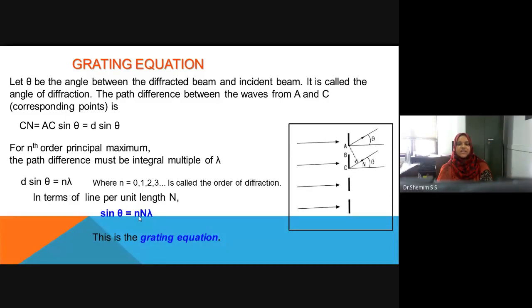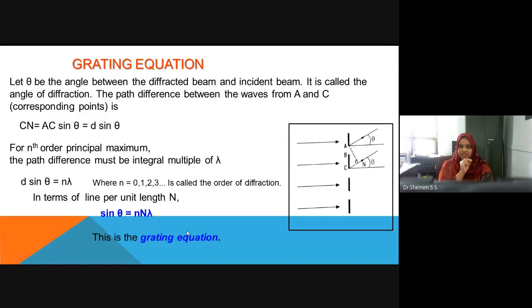So sin theta will be equal to N lambda, and this equation is known as the grating equation. Here, sin theta equal to N lambda represents the grating equation, where theta is the angle of the grating or angle of diffraction.